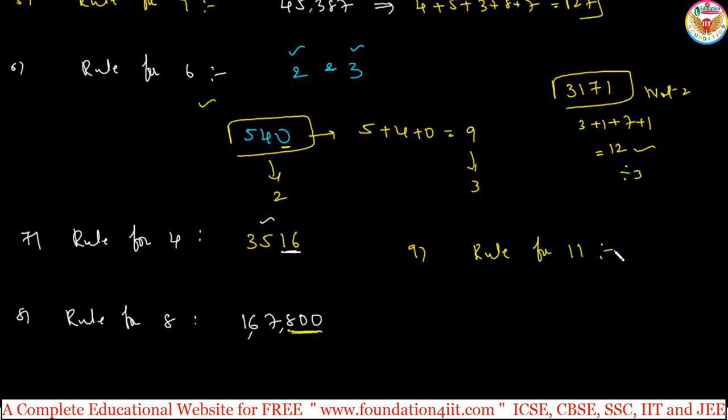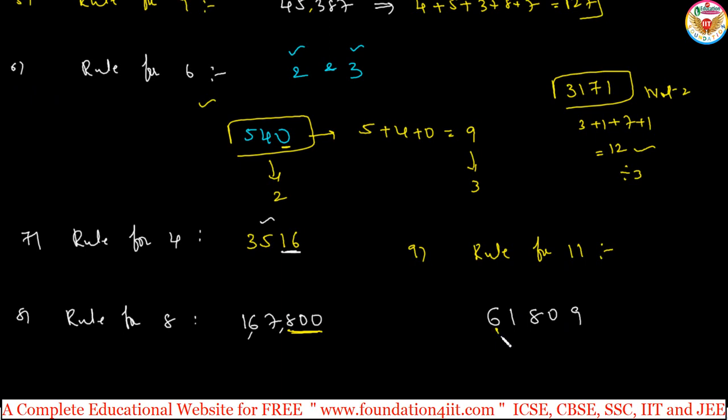Right? And the rule for 11, see this rule also. 12, 13, 14 are not necessary as per your syllabus. The rule for 11: consider a number, 61,809. For the rule for 11, take the difference between the sum of the digits in even places and odd places.